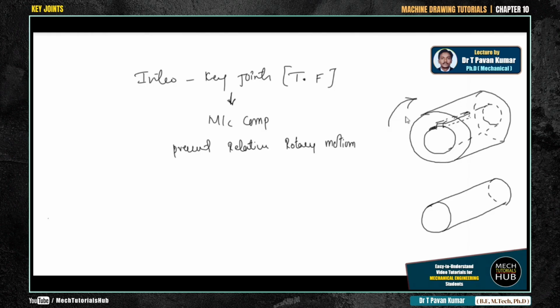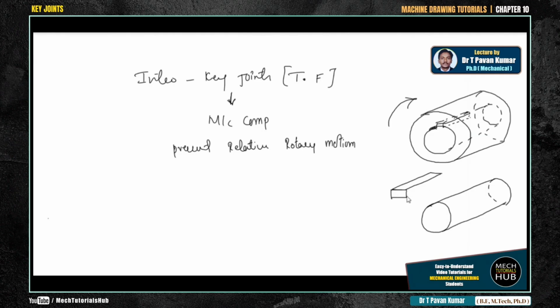For example, if the hub is running at 2000 rpm, then the shaft should also run at the same speed, and if the shaft is running at some speed, the hub should also run at the same speed. That is the main idea. So after inserting the shaft inside the hub, I would like to lock these two. I can use a key.